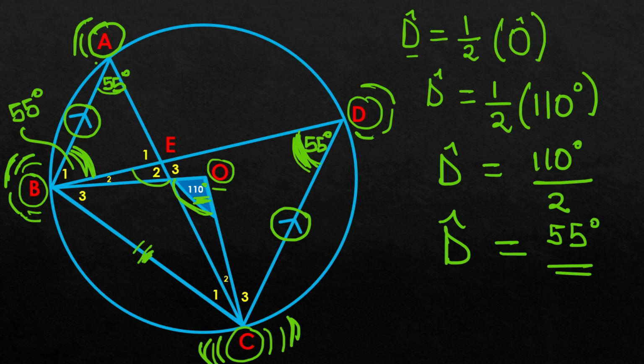So in order for us to find angle E2, this one, we're going to have to pay attention to this triangle. So I'm just going to draw inside this triangle, which is triangle ABE.